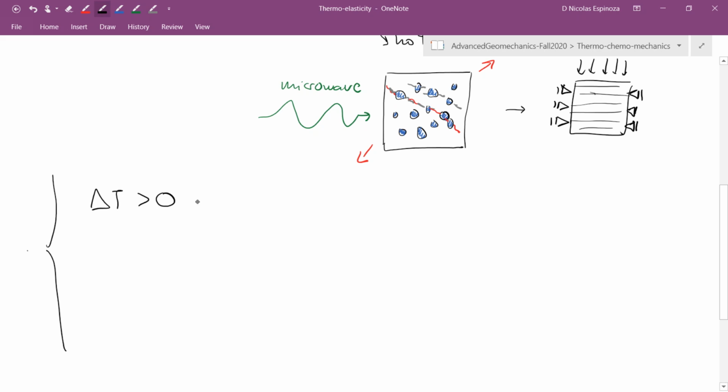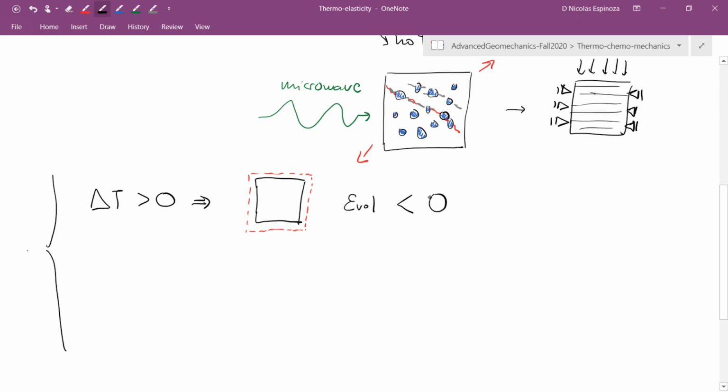So what you would expect is that this would cause a solid to expand. For now, we're going to just talk about solids and not porous solids. We'll make the extension to thermo-elasticity later on. And in this case, the volumetric strain is going to be less than zero.